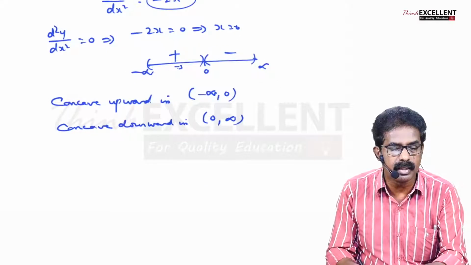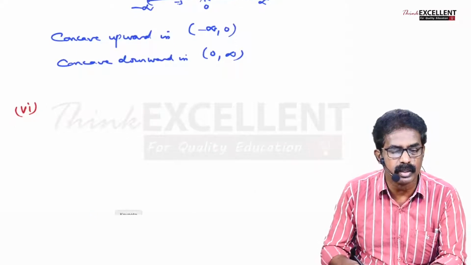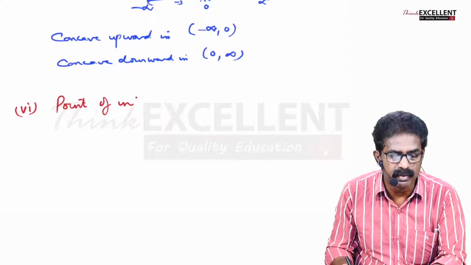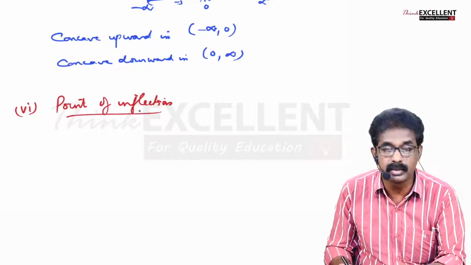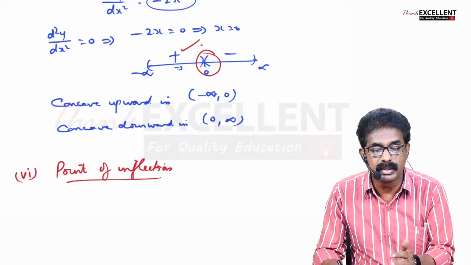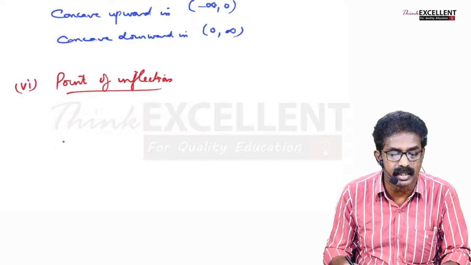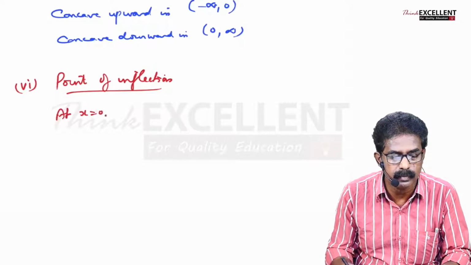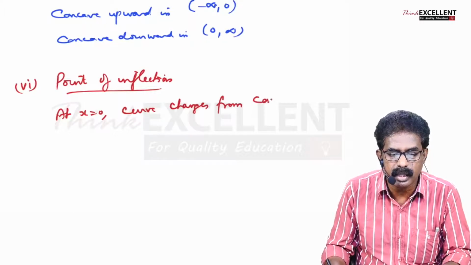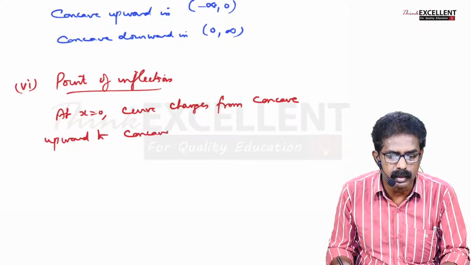The next one is point of inflection, that is point number 6, right? Point of inflection is the point at which the curve changes direction. So at x equals 0, the curve changes from concave upward to concave downward.